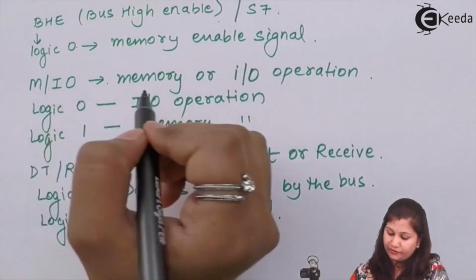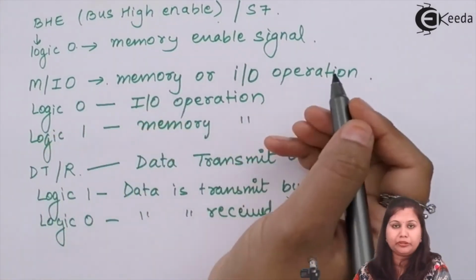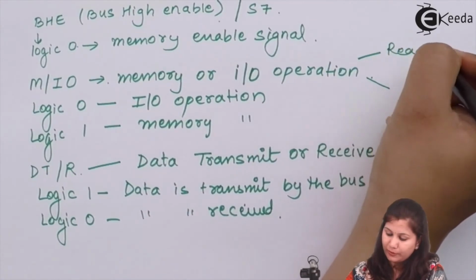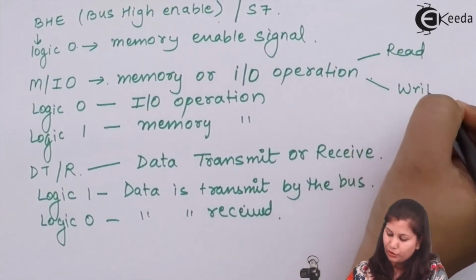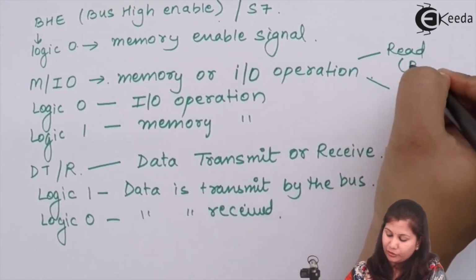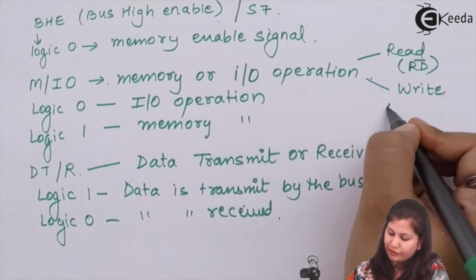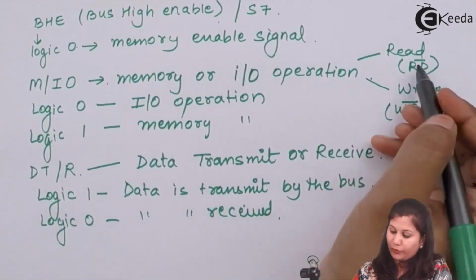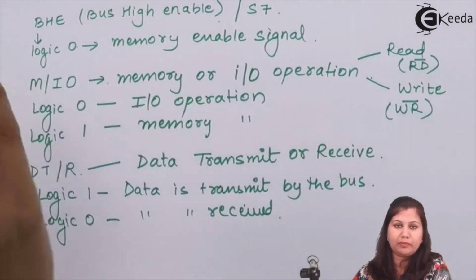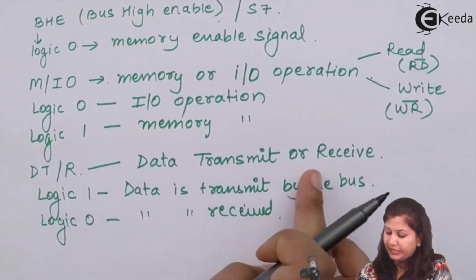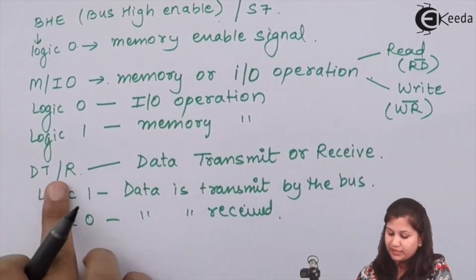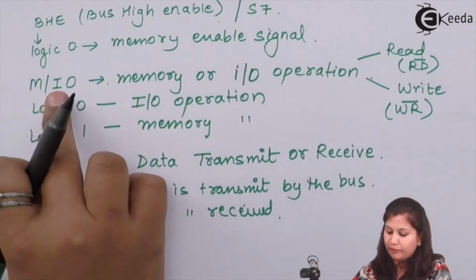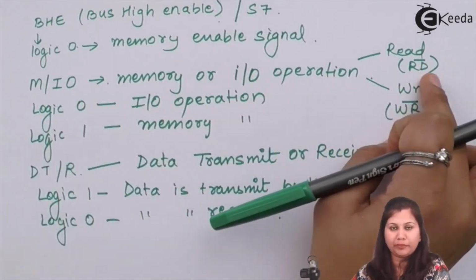Okay, so here, because of memory or input output operation, we have read operation also and write operation also. So for read we have the control signal RD bar, and for write we have the control signal WR bar. So when the data is going to be read by the microprocessor, then data is received. So this DT/R signal is going to be at logic 0 for the memory or the input output read operation.